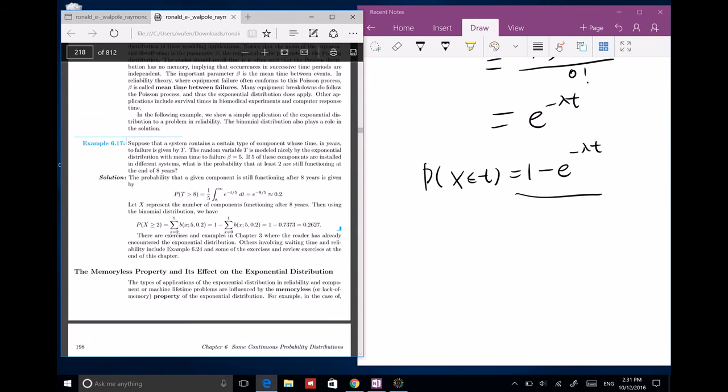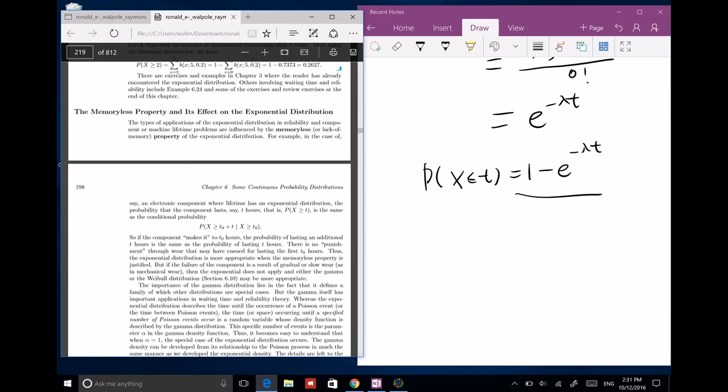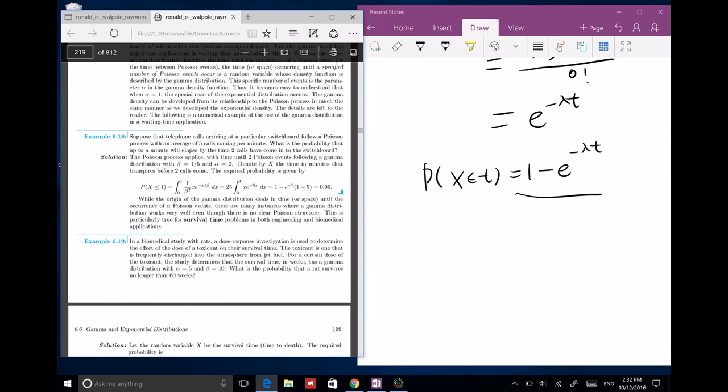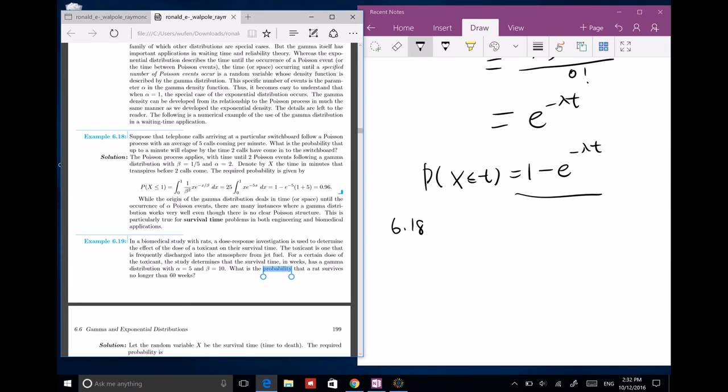So let's look at an application of the exponential distribution. Suppose that telephone calls arrive at a particular switchboard following a Poisson process with an average of 5 calls coming per minute.